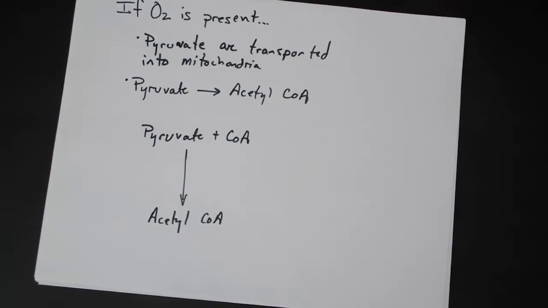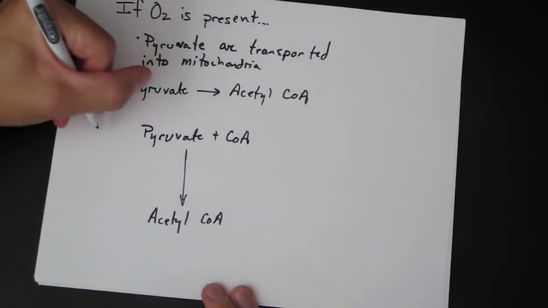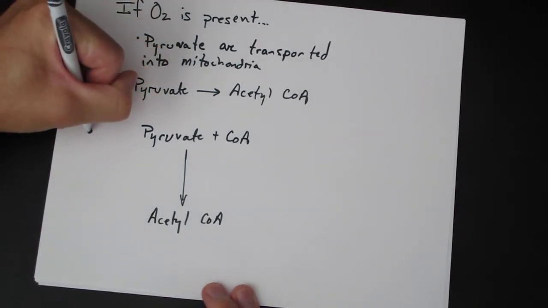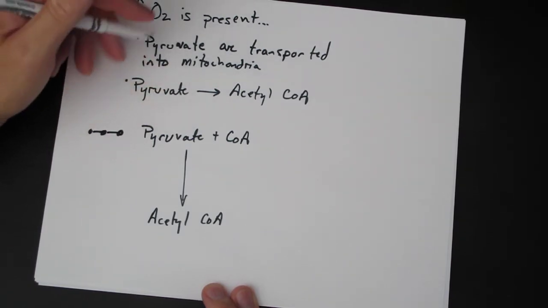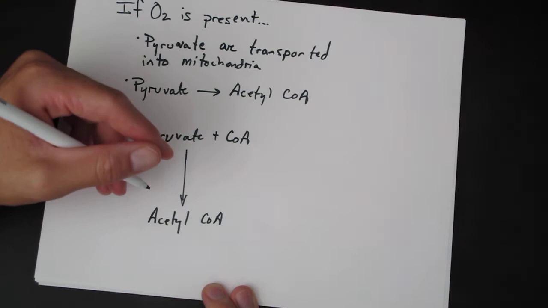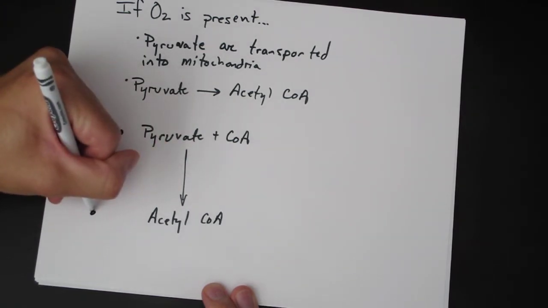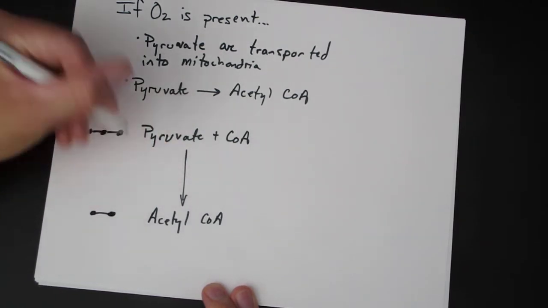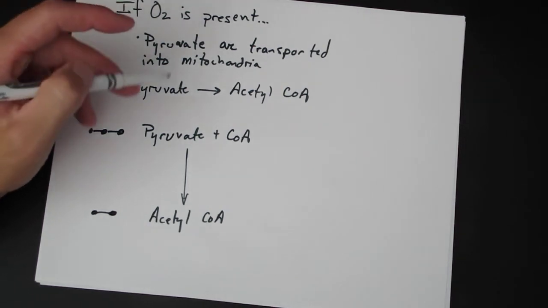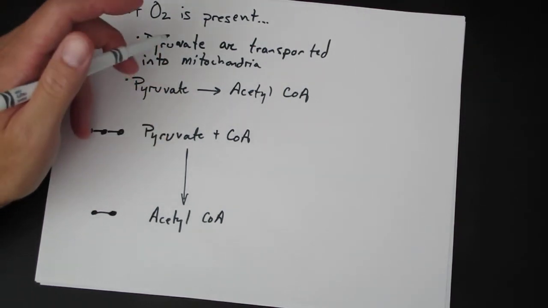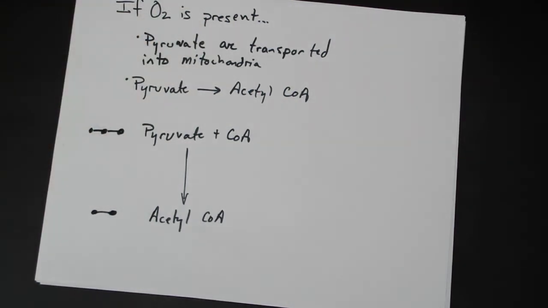We want to keep track of our carbons just a little bit. So remind ourselves here that pyruvate is a 3-carbon molecule. Acetyl-CoA, on the other hand, is a 2-carbon molecule. In this conversion of pyruvate to acetyl-CoA, the first thing we have to do is account for the carbon that we just lost.